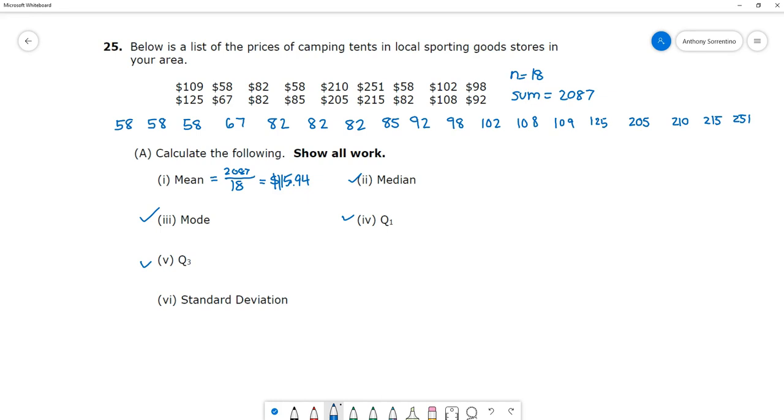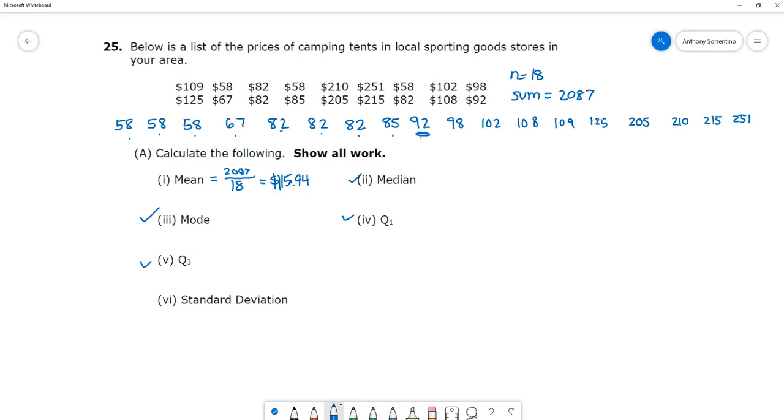Now the median requires me to find the middle score. There's 18. If I divide that in half, that's 9 exactly. Since there's no remainder, I need to find the average of the 9th and 10th term, which is why we needed to have these listed in order. I'm just going to count off 1, 2, 3, 4, 5, 6, 7, 8, ninth.